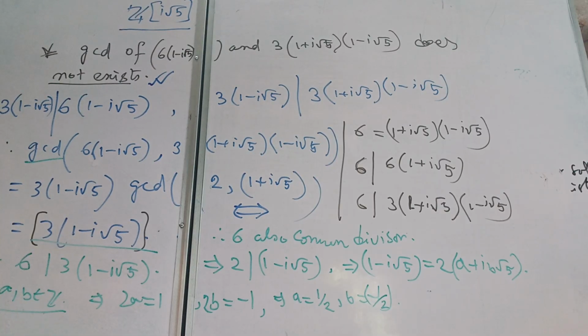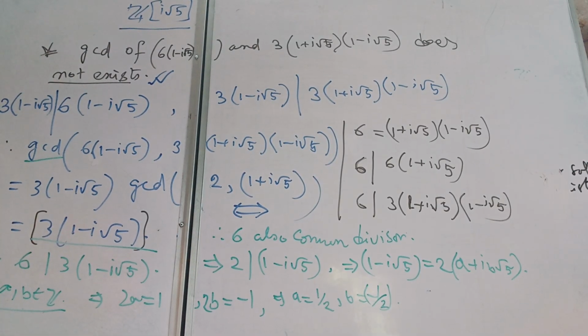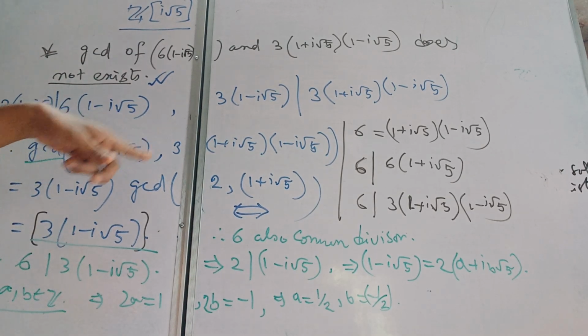In this domain the GCD does not exist. That means any common divisor being divisible, that GCD is not possible.